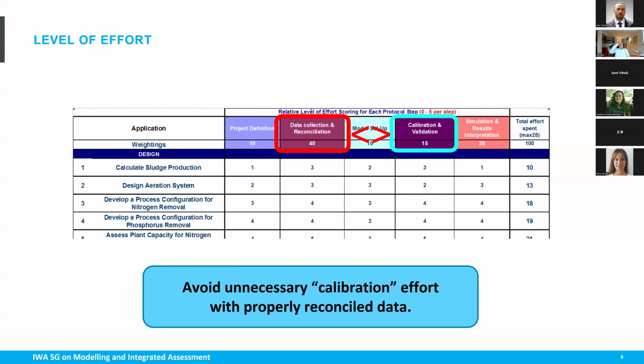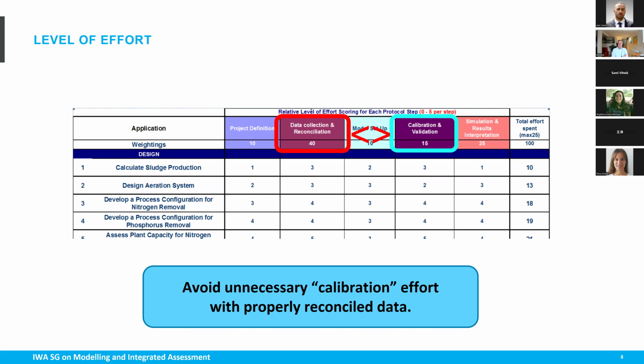Okay, so in terms of level of effort, that is supporting that statement that we moved a lot of the calibration work into the data portion. And you see from a relative contribution to the overall effort, we put 40% on data and only 15% on calibration validation.